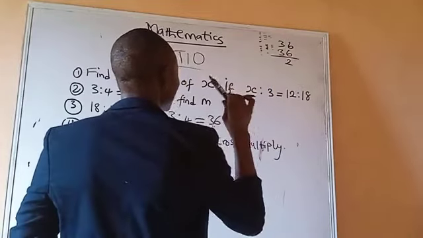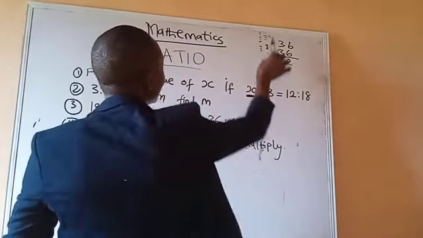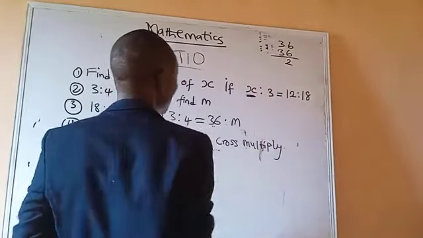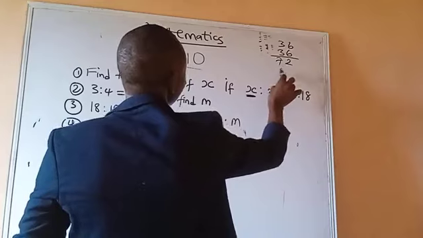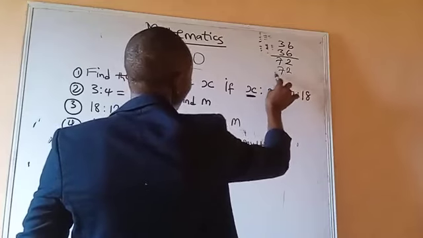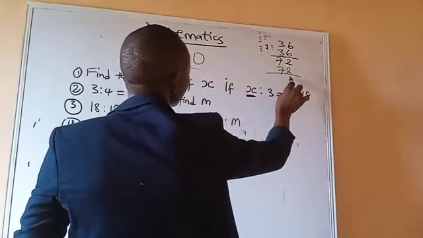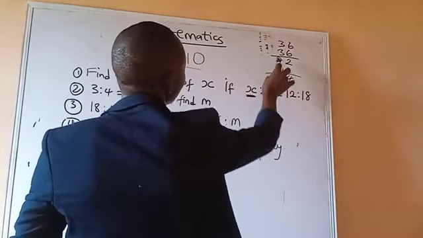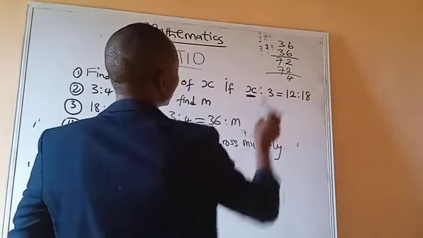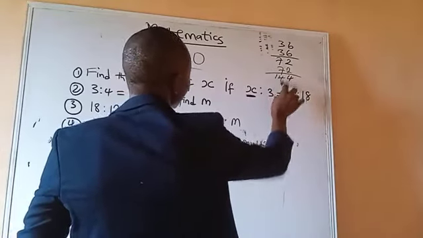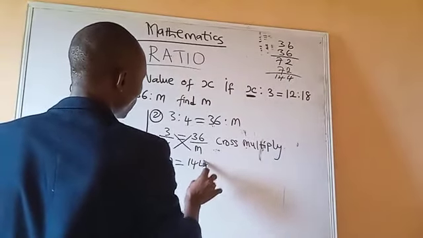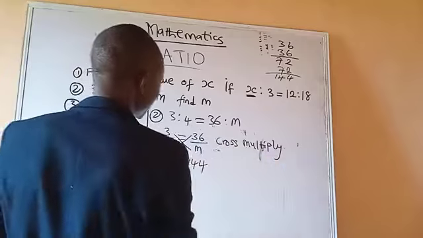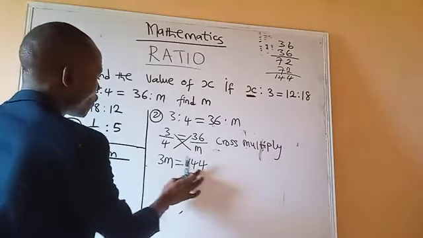Write 2, carry 1. 3 plus 3, 6 plus 1, 7. This is into 2 places. Now to get into 4 places, we say 72 plus 72. This will give us 4. 7 plus 7 will give us what? 14. So our answer will be 144. 4 times 36, 144.